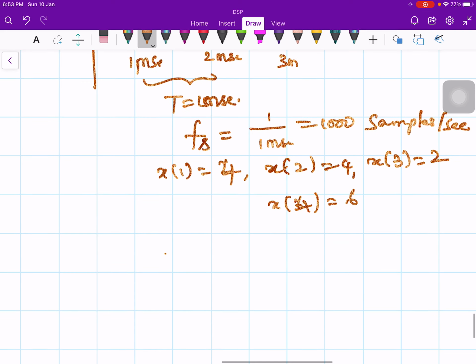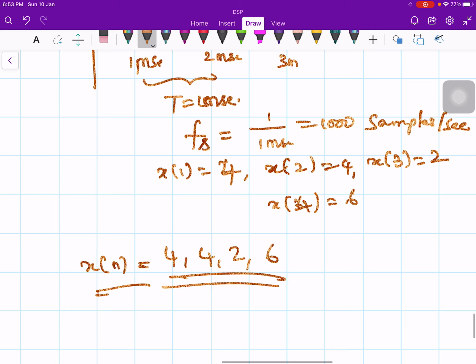So finally you'll get 4, 4, 2, 6. So this is my x of n. Therefore x of n is a sequence of numbers. Once you do the sampling of a given analog signal, you'll get a sequence of numbers. And this sequence is simply represented as x of n.